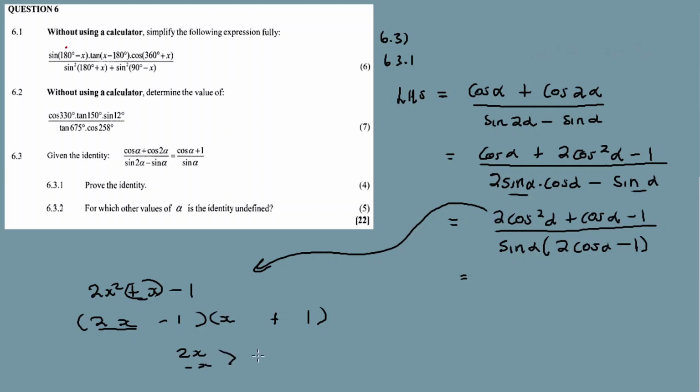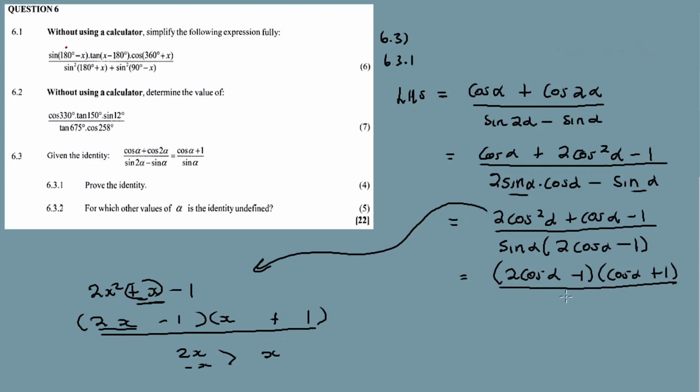If you combine the two you get x. So these are the factors for this trinomial. You must arrange it like this: 2 cos alpha minus 1, then cos alpha plus 1, divided by sine alpha times 2 cos alpha minus 1.